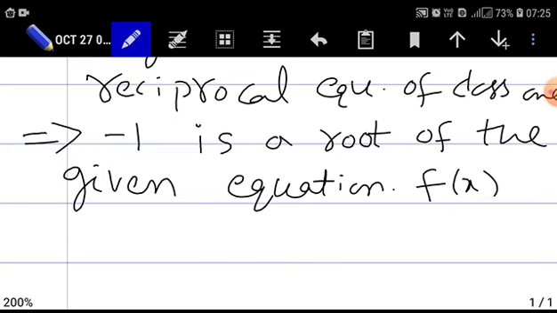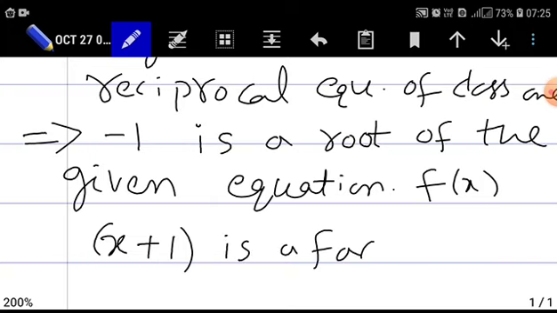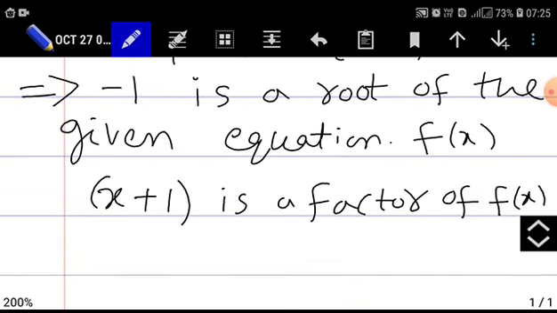Since minus 1 is a root, we can take a factor: bringing minus 1 to the left hand side we take it as x plus 1, which is a factor of f of x. That means when we divide f of x by x plus 1 we are going to get remainder equal to 0.